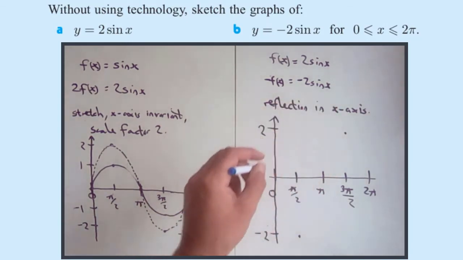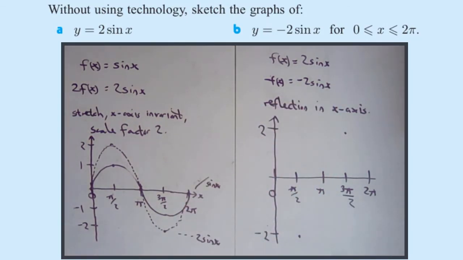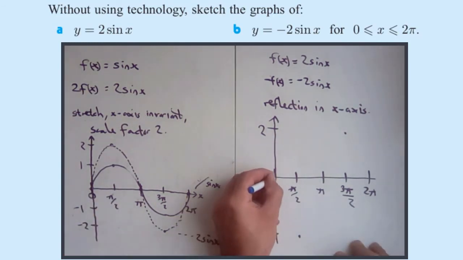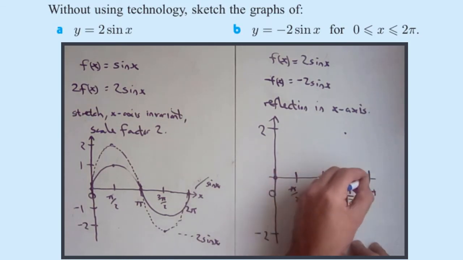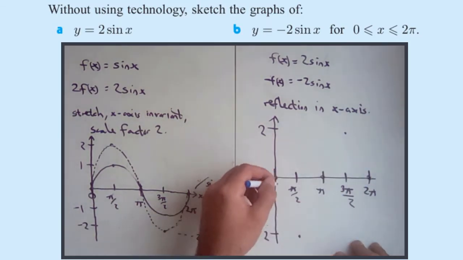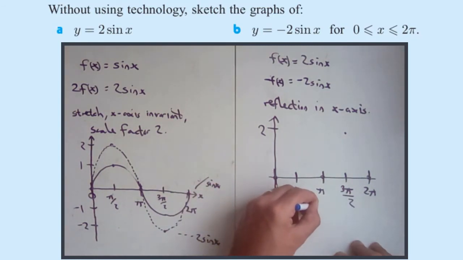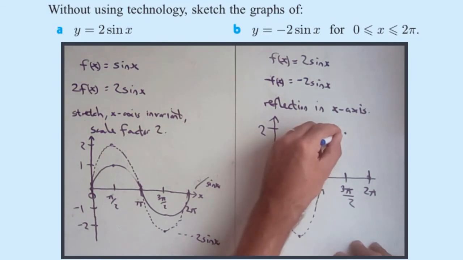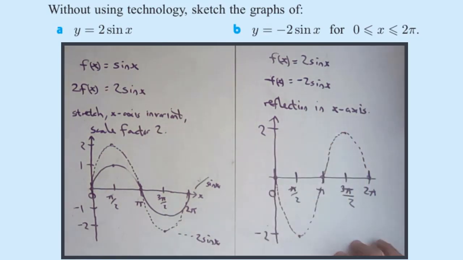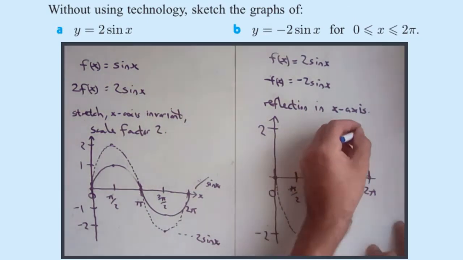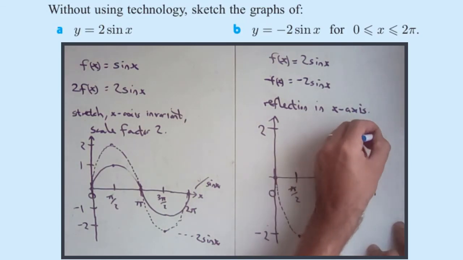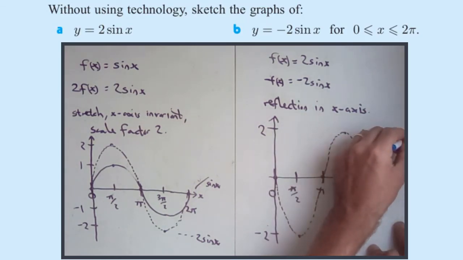Like I say, you could have just gone straight from sine x, but because we already had it drawn, might as well use it. Anything that was 0 already, when you reflect it, is not going to move. So that point and that point will not move. And then you can just start to draw the thing. Something like that. So this is y equals minus 2 sine x.